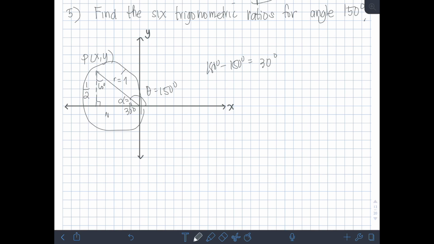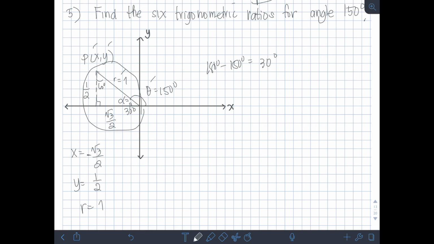So, we have square root of 3 over 2. So, therefore, ito na yung magiging coordinate natin sa x and y. So, yung x natin ay square root of 3 over 2. But take note of the sign since yung theta natin ay nasa quadrant 2, dapat negative siya. Tapos si y natin ay 1/2. At yung r natin ay 1.